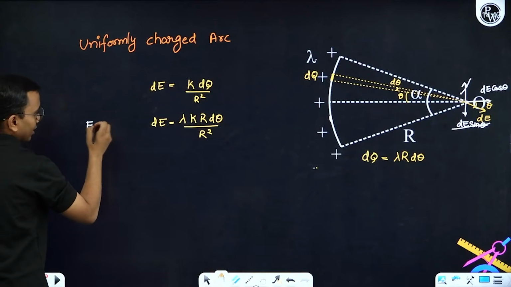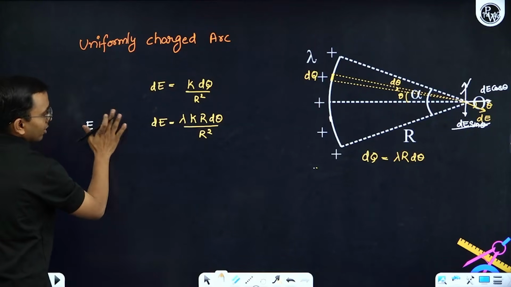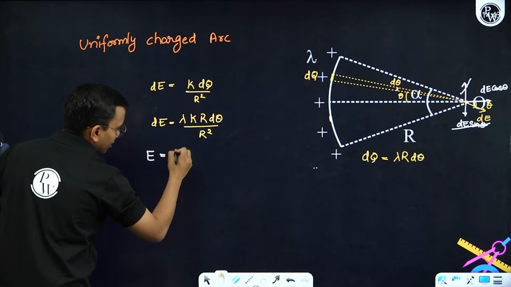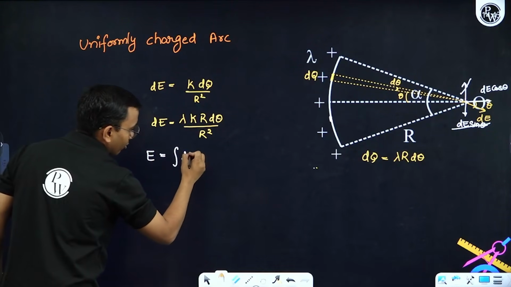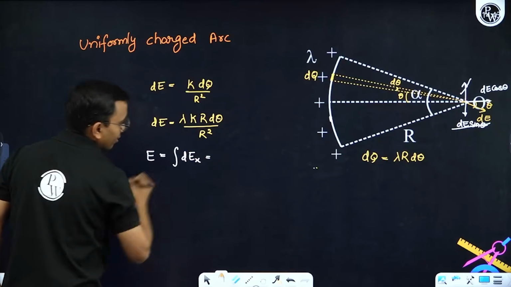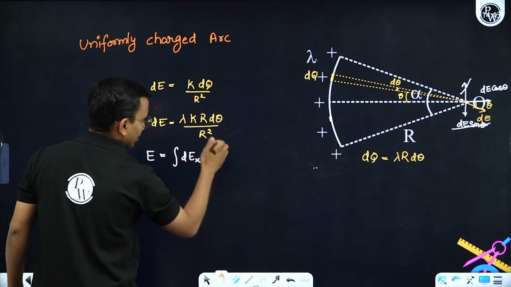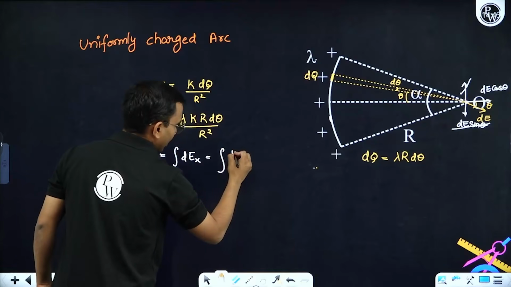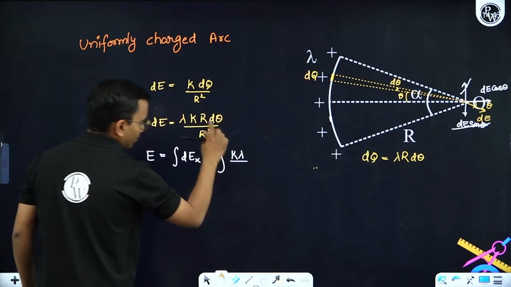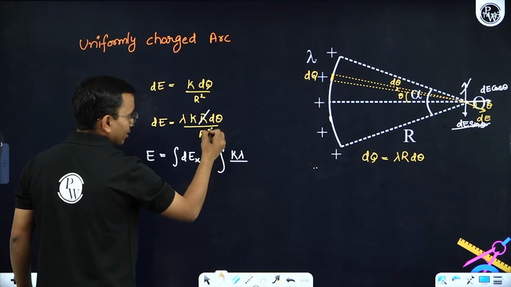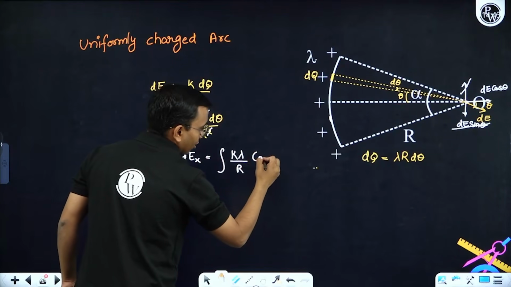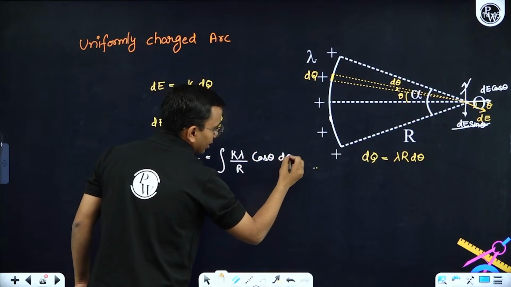So if I write E, that is just integration of the horizontal component Ex. So dE into cos theta. So k lambda, 1 R will get cancelled by R, into cos theta d theta.